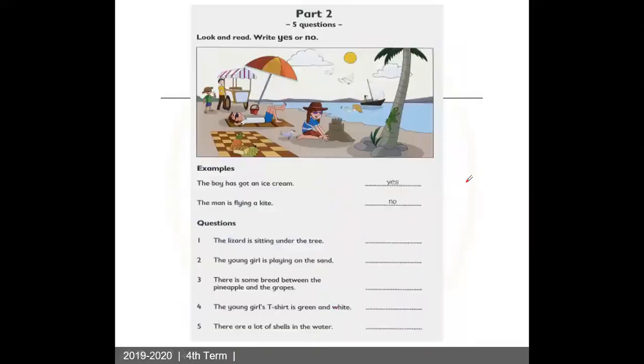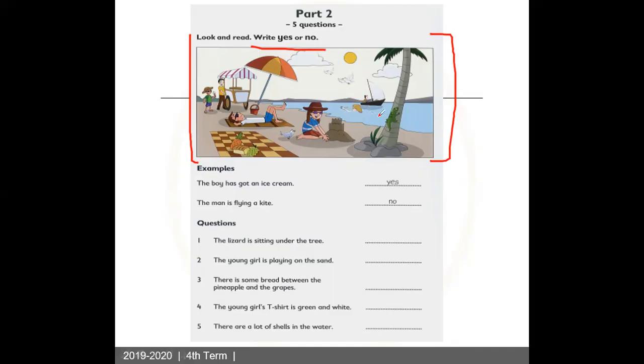Let's move on to the next part of our sample test. We have 5 questions once again, and this is our picture scene. It says here, look and read, write yes or no. So this is a scene picture. Where do you think it is?